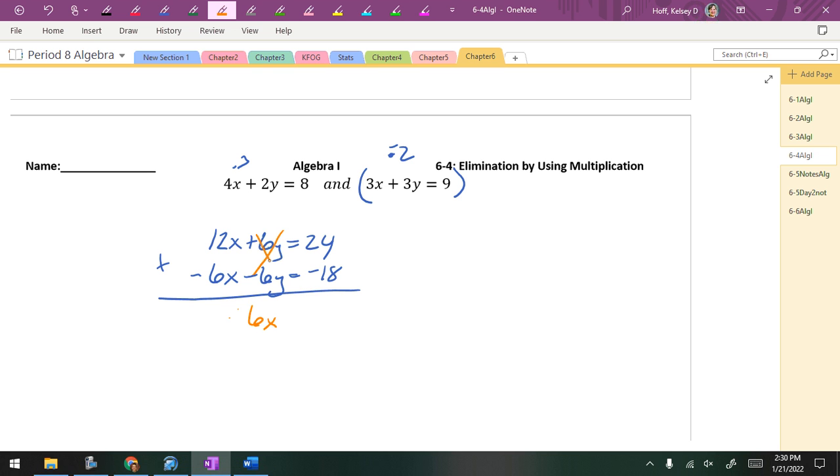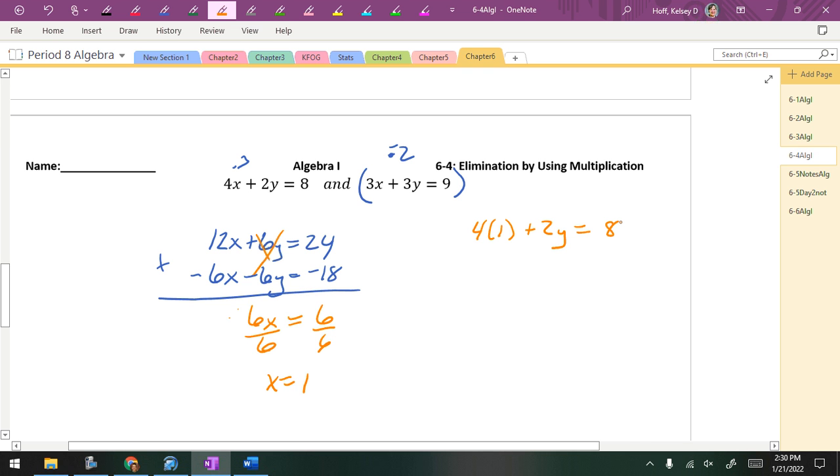No, 4. Did you guys say 4? 4 times 1 is... Is that the one you guys told me to do? Okay. Does it matter? You should end up with the same thing, agreed? You should end up with y equaling 2.